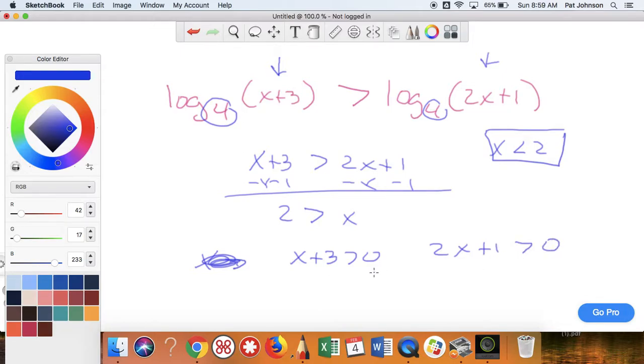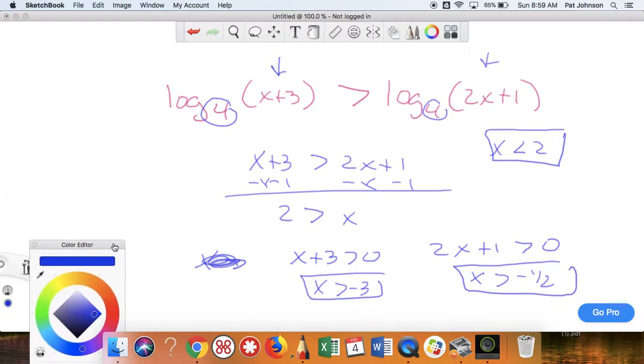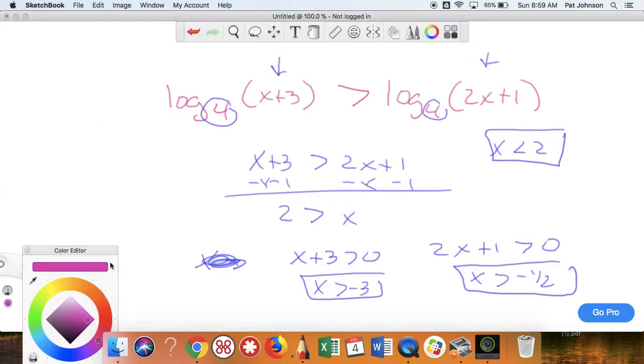So we minus 3, that's where it's different from a radical, as we would have the equal sign there because it can be 0, but an argument cannot be 0, nor can it be negative. So x is greater than negative 3. x is greater than negative 1/2. I'm not doing the algebra. You can pause the video and do it.